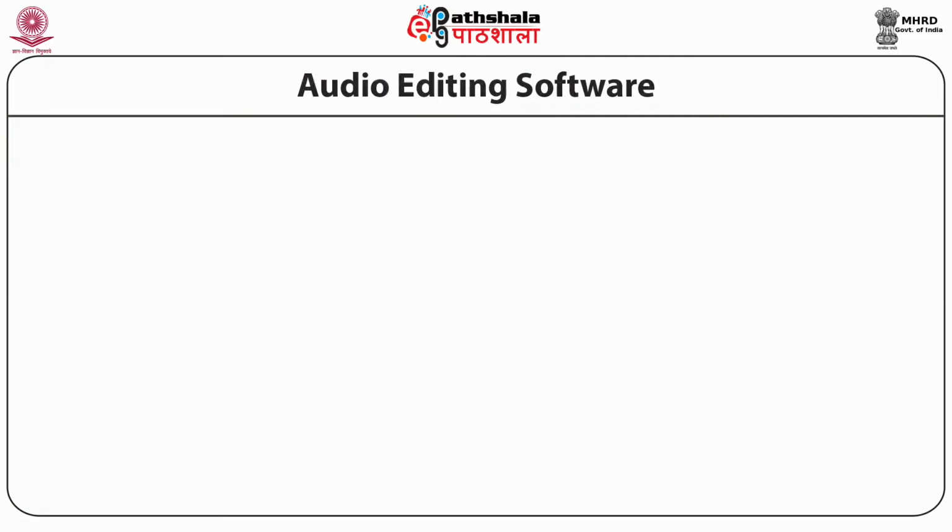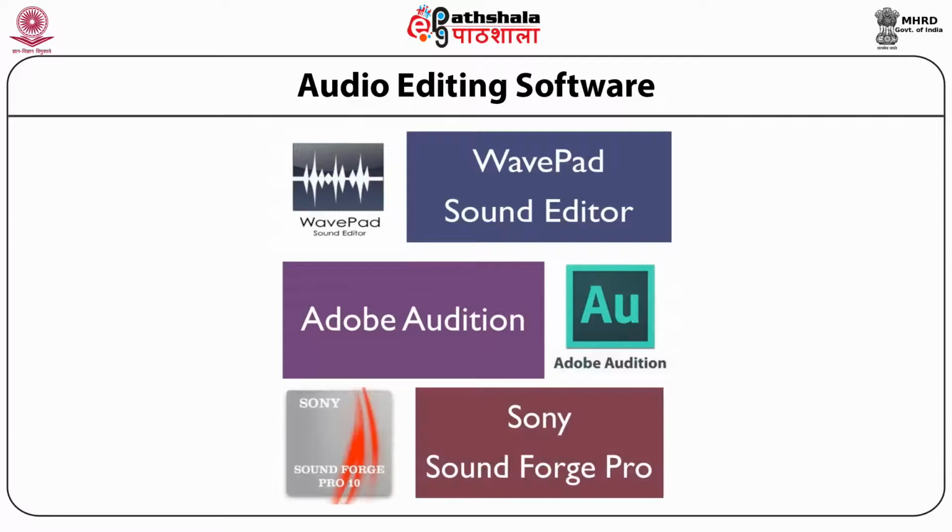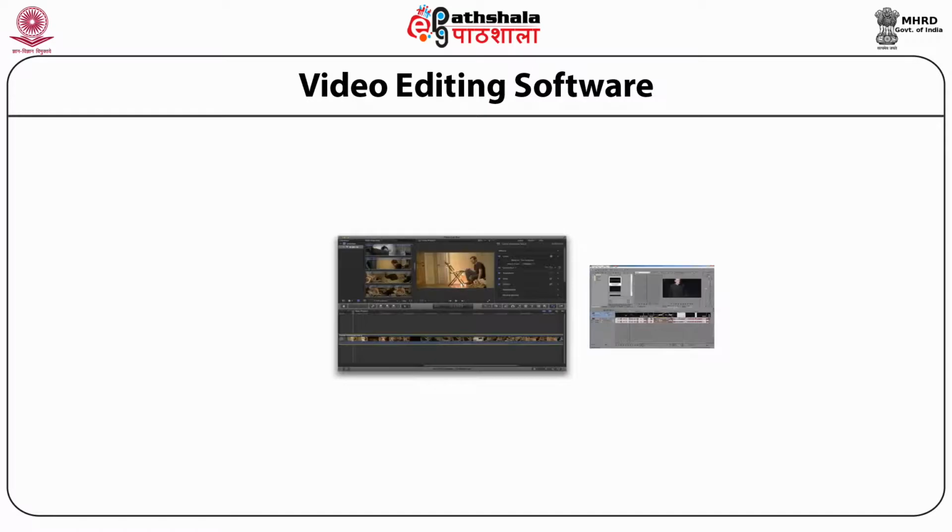Audio editing software. The most popular professional audio editing software are WavePad Sound Editor, Adobe Audition, Sony Sound Forge Pro, etc. These software have the facility to mix and edit different tracks. Sixth one is video editing software.